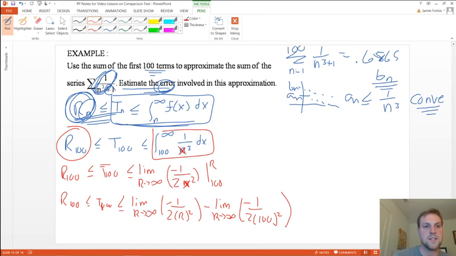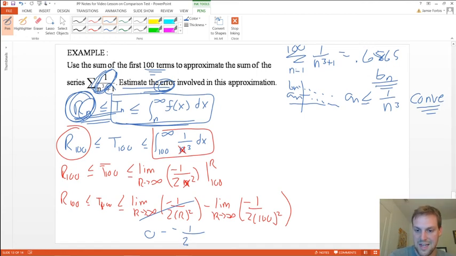This limit actually goes to 0, so it's going to be 0 minus negative 1 over 2 times 10,000, which is going to be 20,000. Okay, so plus positive.